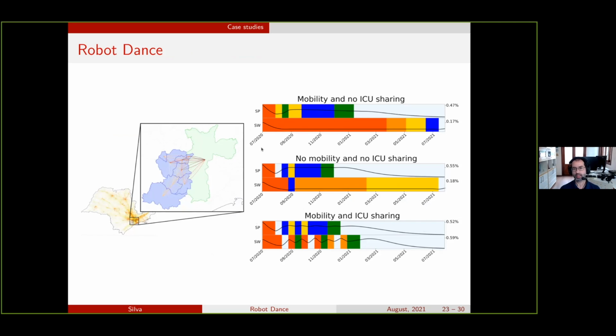Because São Paulo has so much more ICU capacity, it could lend a little bit to this smaller region in such a way that the region will become in a better shape, like this. And São Paulo, by doing that, would be allowed to open its economy a little bit more without being afraid that people from that region would come to São Paulo or vice versa. So this was one of the things that we were able to do.